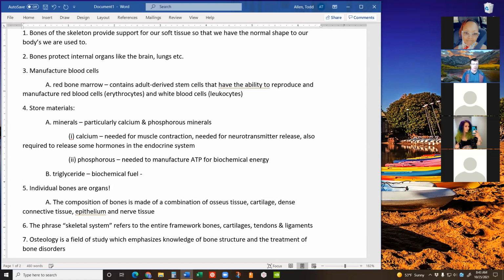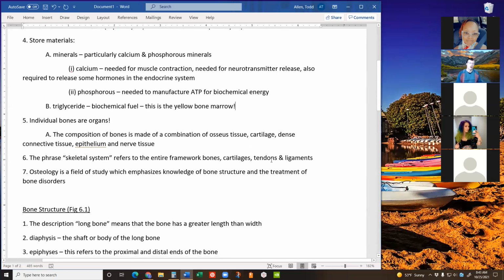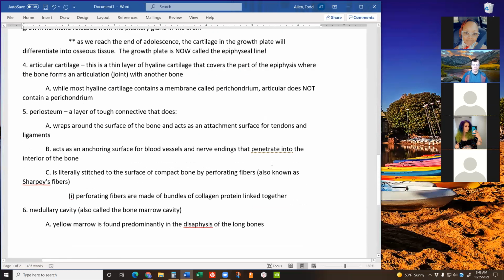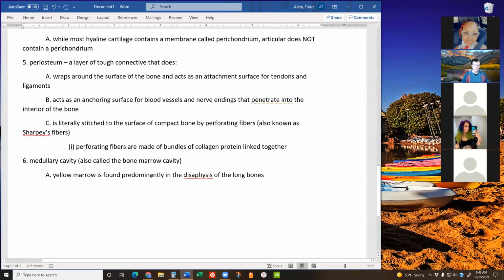And it bears repeating that this biochemical fuel is predominantly stored in the yellow bone marrow. All right, so I'm going to put that again down in our current location. Yellow marrow is found predominantly in the diaphysis of the long bones. And it is in this location you will find triglyceride stored.